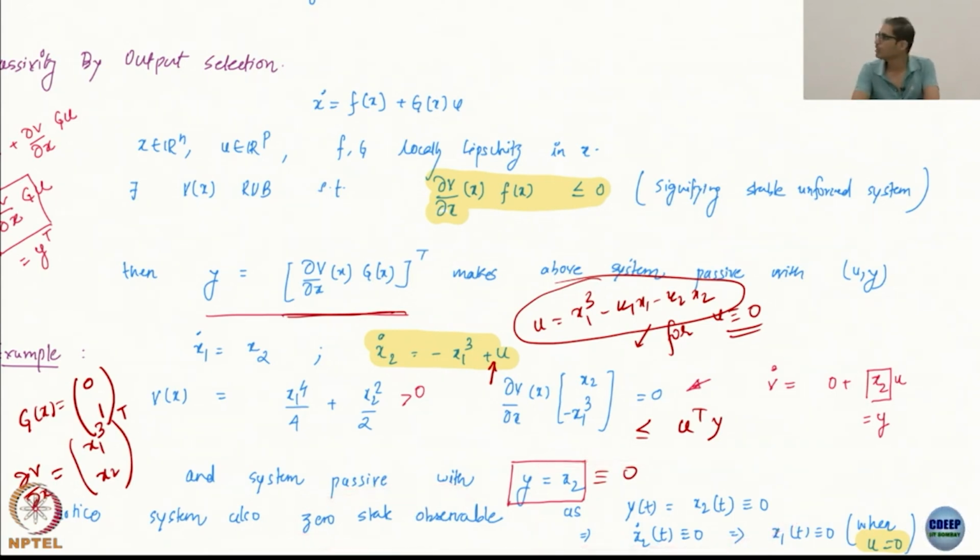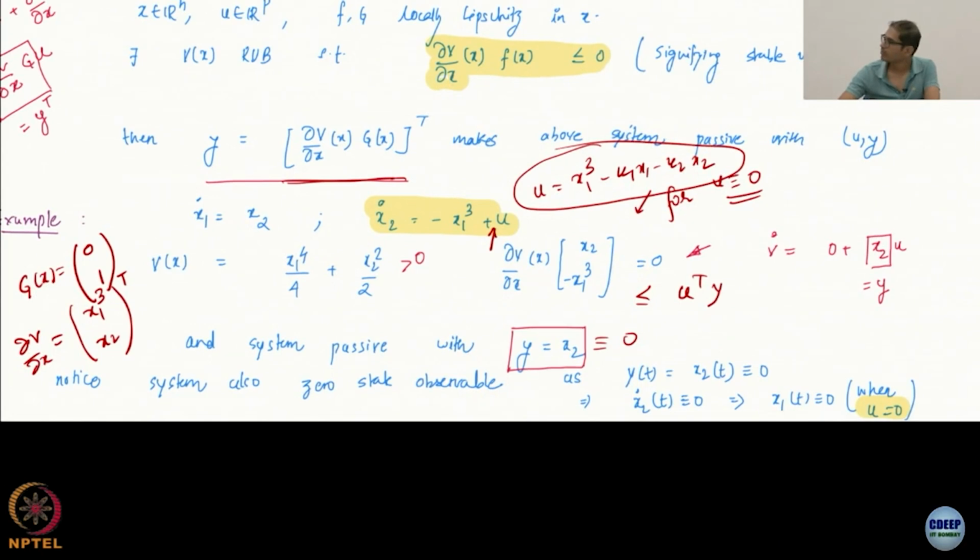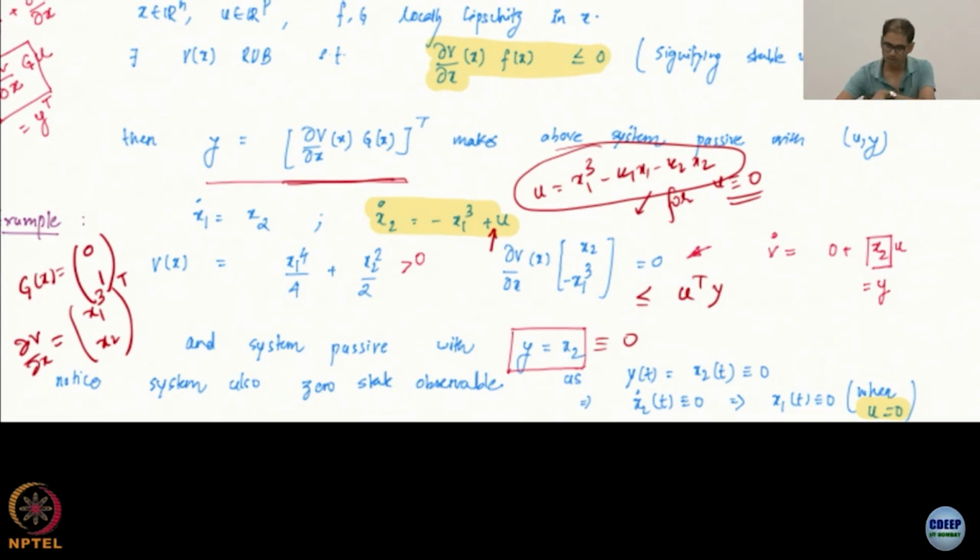How do you claim zero state observability? Unfortunately, I cannot pull it up, but what do you need to check? In the set h of x equal to 0, only the zero trajectory exists. So here, what is the set h of x equal to 0? It is x2 equal to 0.